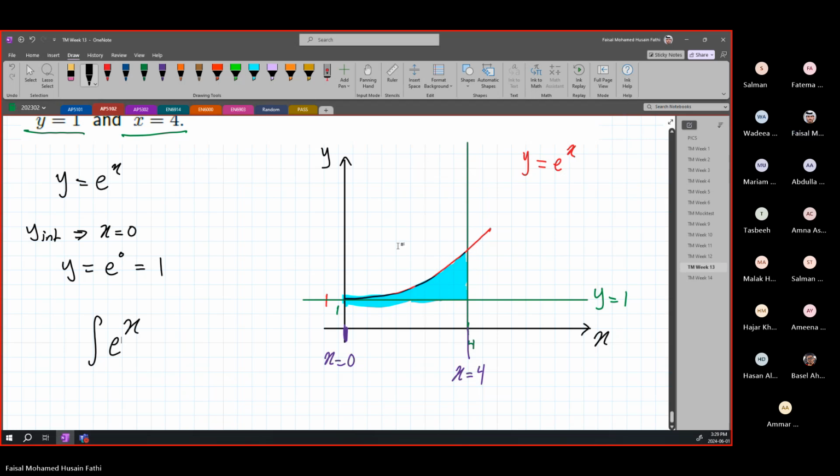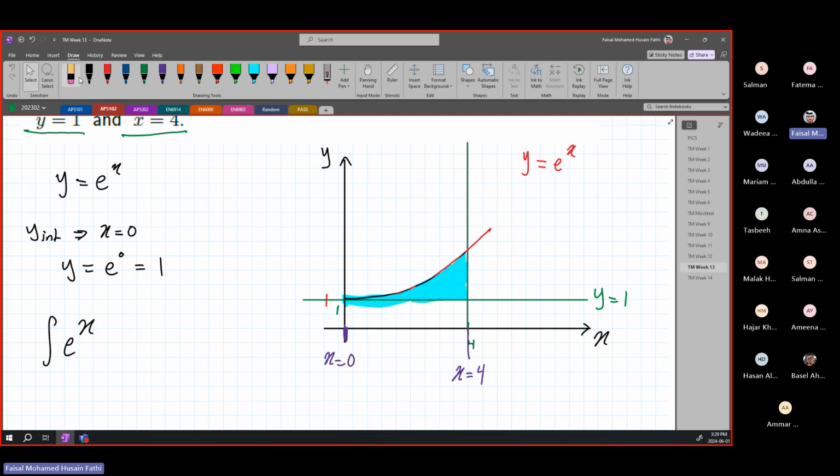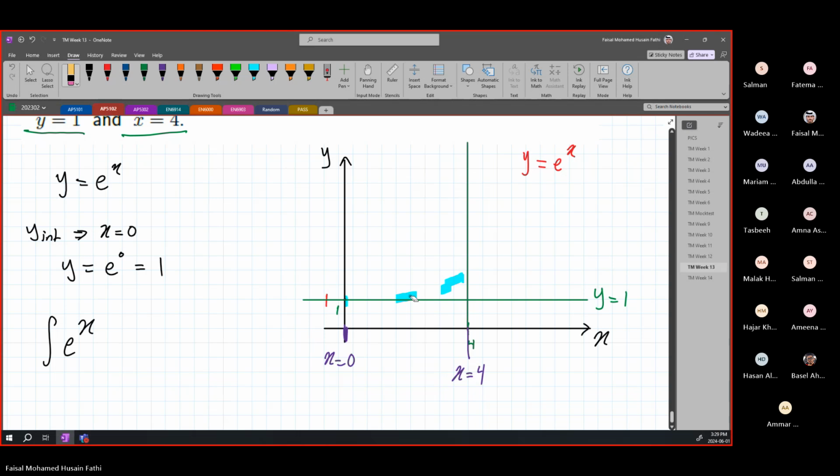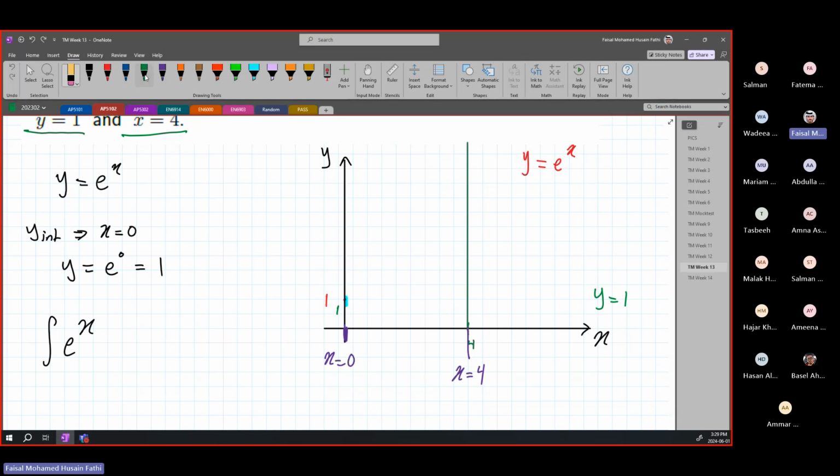Now, this is where the important things happen. Let me just remove this a bit and make it a bit larger so it's a bit clearer. Remember that this is our horizontal y.